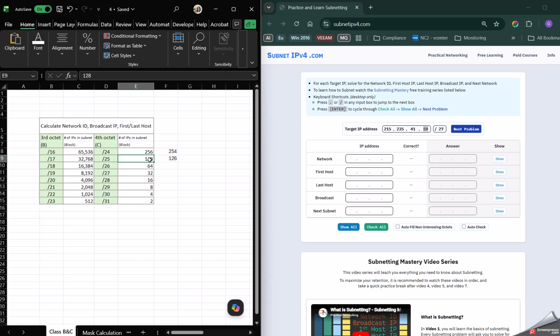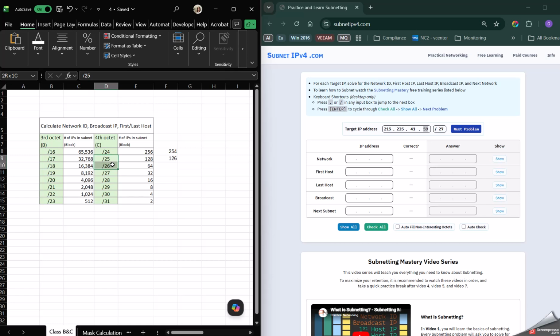A subnet of /24 can be split into two subnets of /25, each with 128 IP addresses, out of which you can only use 126 for your hosts, because we have one for the network ID and one for the broadcast IP. So we have only 126 usable host IPs.